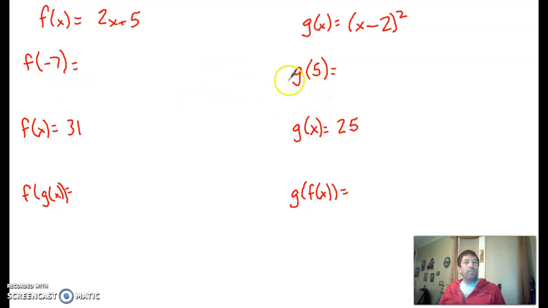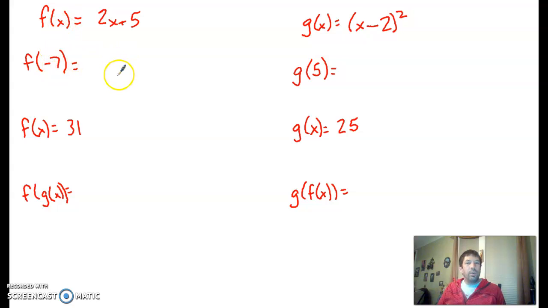These are similar problems, and what you want to notice here is that in f of x, the x has become a negative 7. So on this side, what this is asking is, where is our function when x has a value of negative 7?